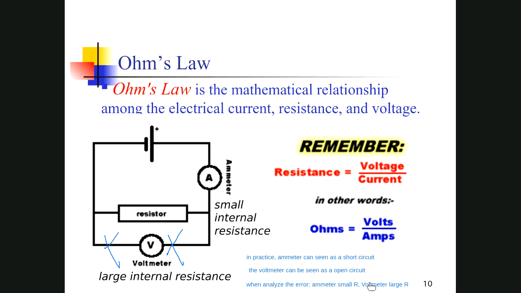The errors may be -1, or the errors may be +1. You should know how to analyze them. Bear in mind that there is some internal resistance in the voltmeters and in the ammeters. So I just remind you and highlight these 3 points. In practice, we're using these laws.